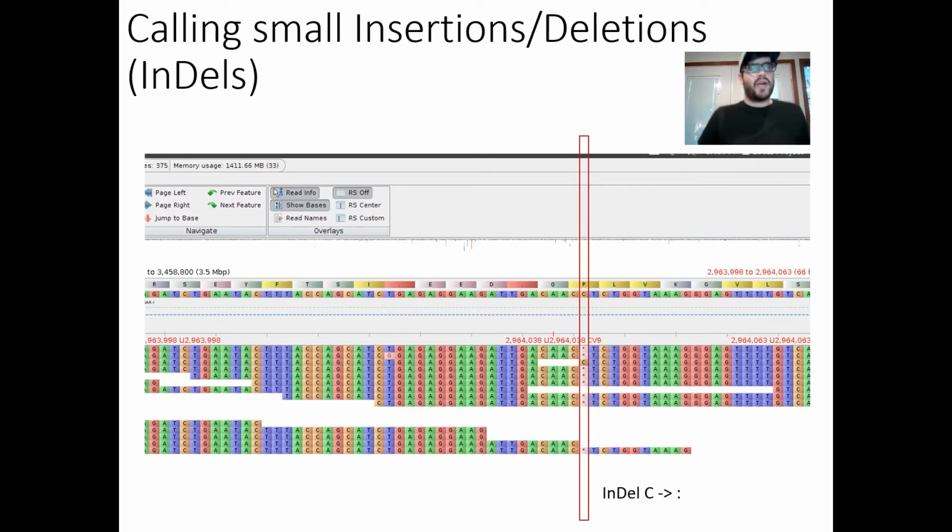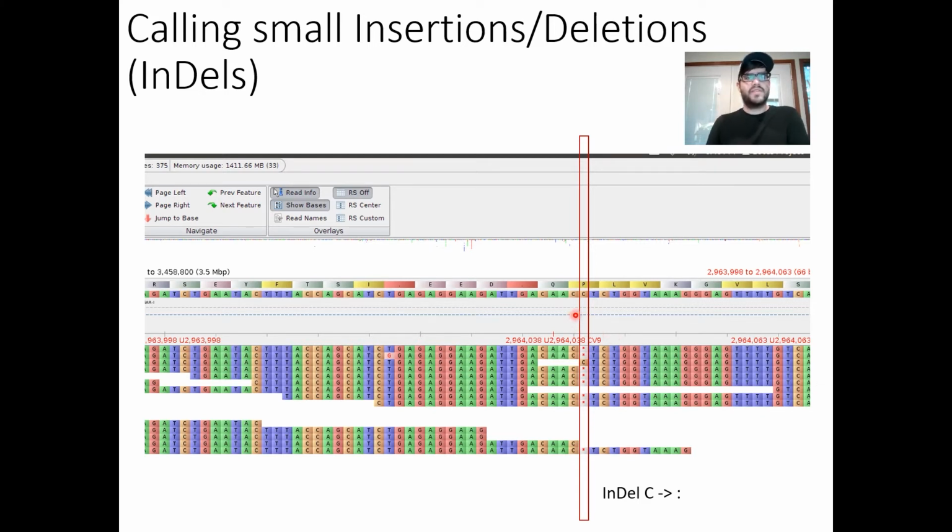So we can also have slightly different variants called indels, or small-scale insertions or deletions. And so this would be a case where you would have a small chunk of DNA that's found in the reference that is not found in your resequenced individuals. Or it could be a couple base pairs that are found in your resequenced individual, but that aren't found in the reference.